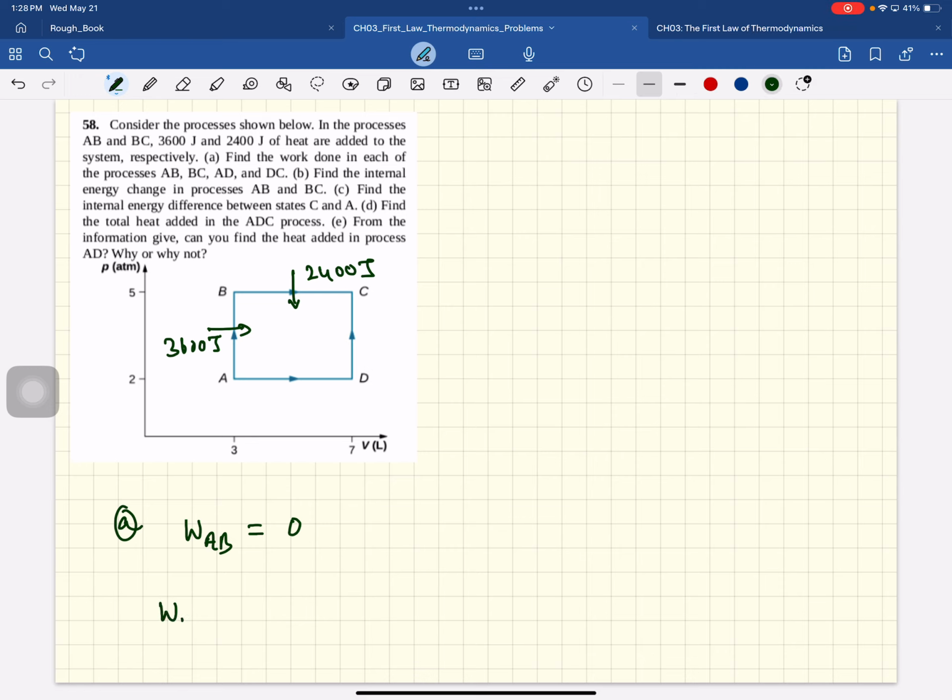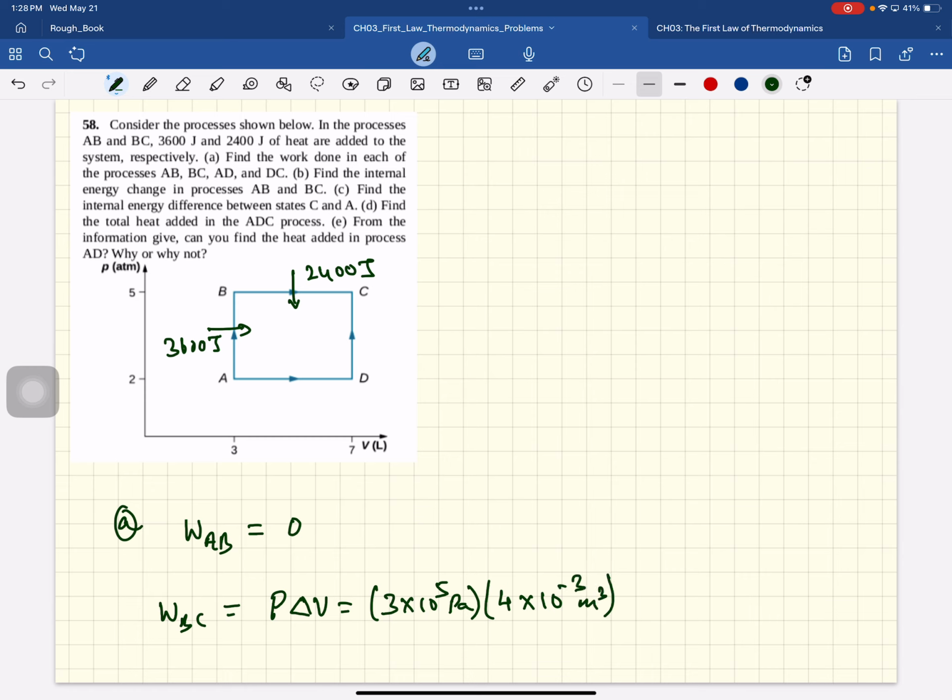Work done in BC is equal to P times delta V, which is 3 atmospheres times 4 liters. Wouldn't it be all 5 atmospheres?